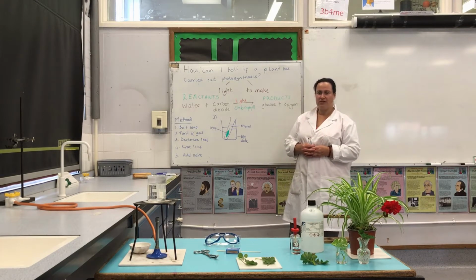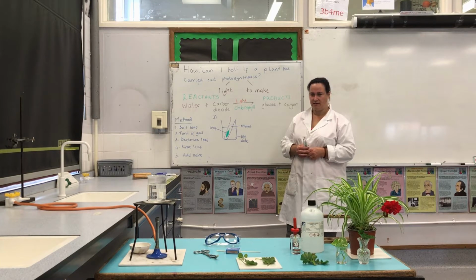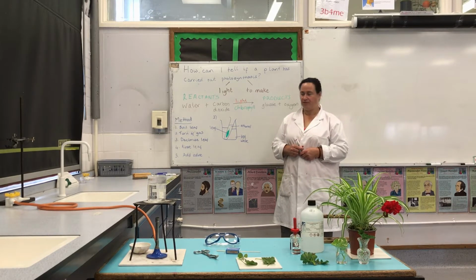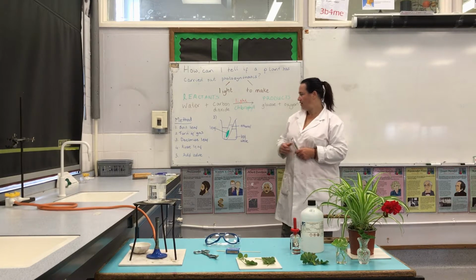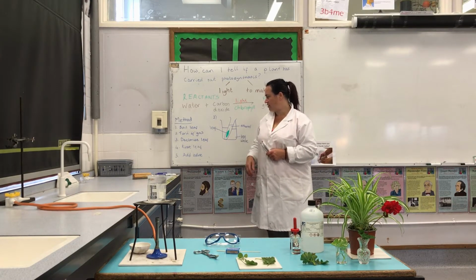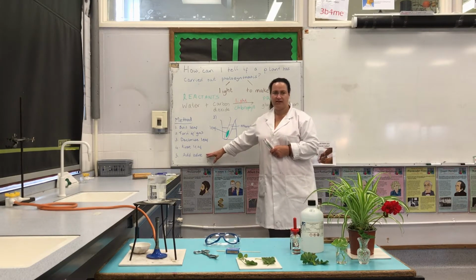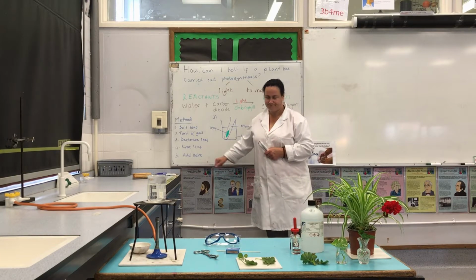And that's because I want to test it with iodine. I want you to have a think, what have we used iodine for and what does it indicate? We've used it in nutrition. When I finish decolorising, I'm going to rinse the leaf and then I'm going to add the iodine.